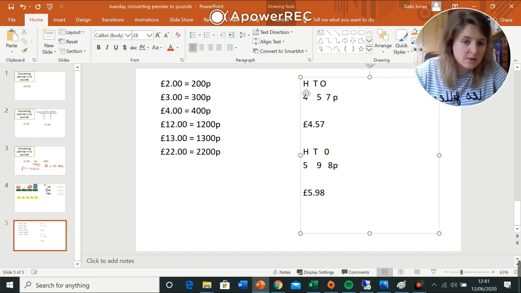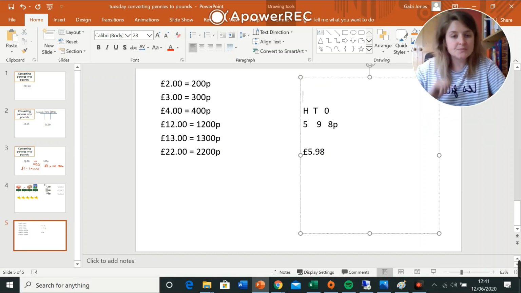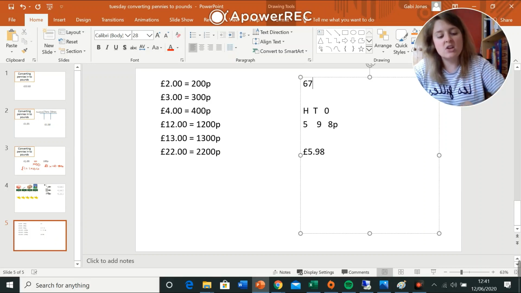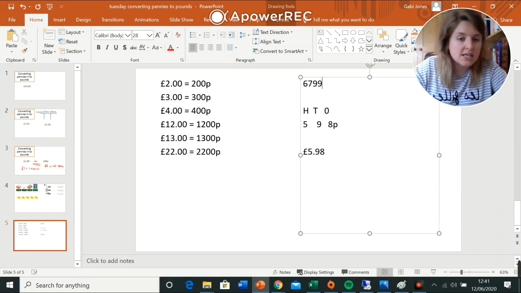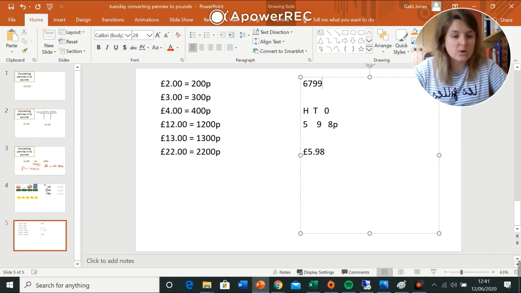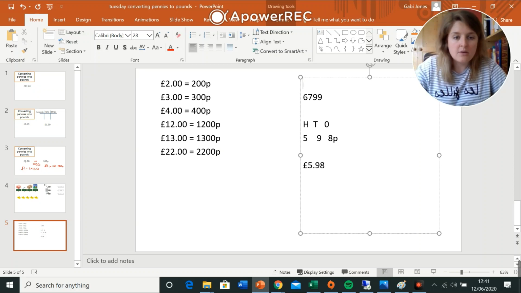Let's have a look at this next one. This one is a little bit trickier. So this next one, let's have a look at what it is when it's 6,799. So 6,799 pence, that's what I've got. Now, this isn't then just my hundreds column. I've got my thousands column.